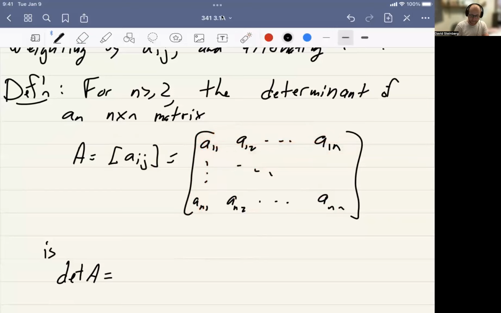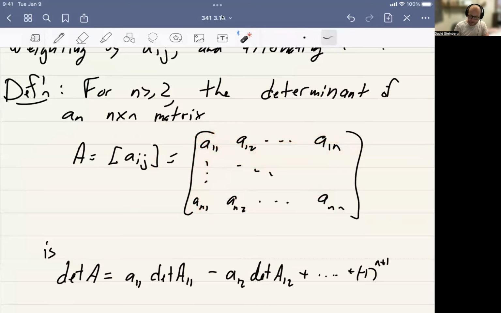So it's going to be a11 times the determinant of A11, minus a12 times the determinant of A12, plus and so on. And now we've got to do plus negative 1 to the n plus 1, which just means we've been alternating back and forth.